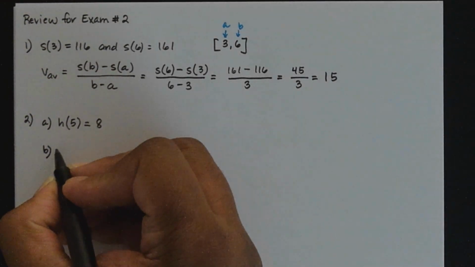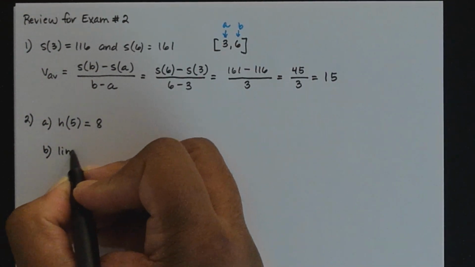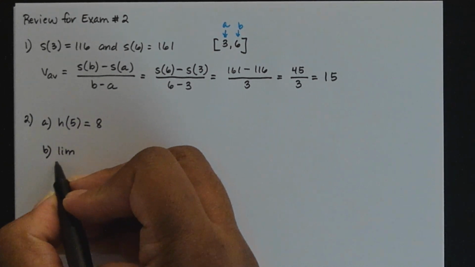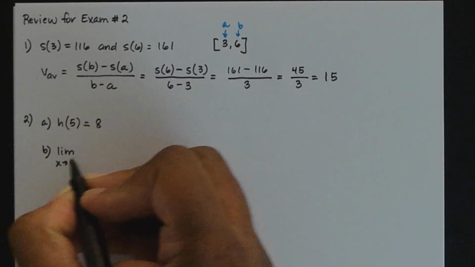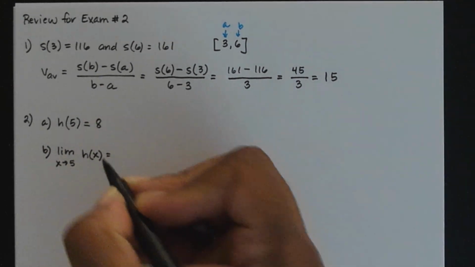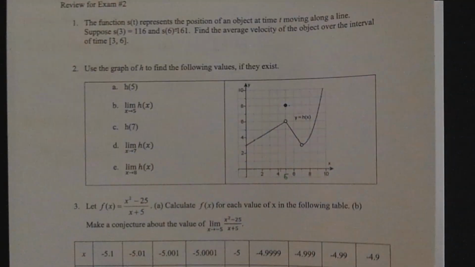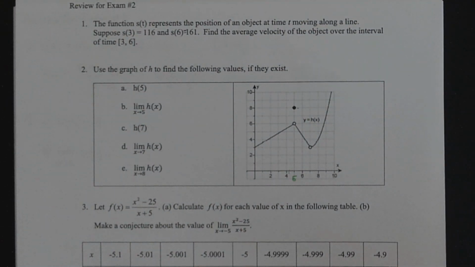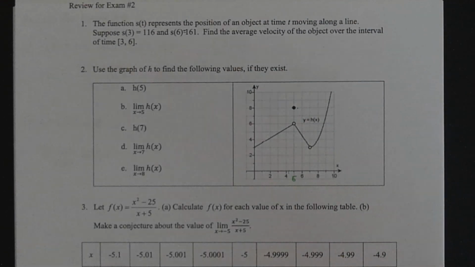Now part B is finding the limit as x approaches 5 of the function h of x. Okay. So from this graph, we have to look at what's happening with this function when we approach 5 from the left side and approaching 5 from the right side.